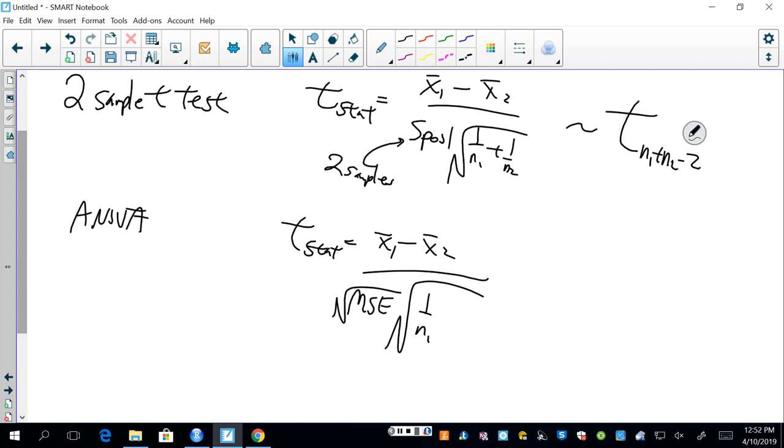You have the same sample sizes. So there's that one change in there. We use a different estimate of that common error. And then the t distribution we use has n minus I degrees of freedom, and here there's I groups.